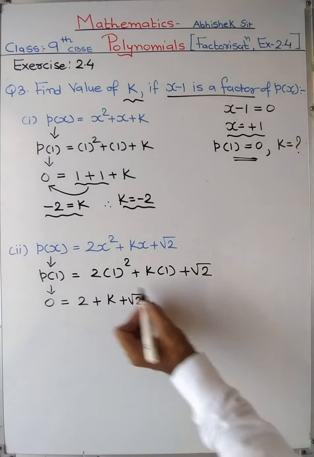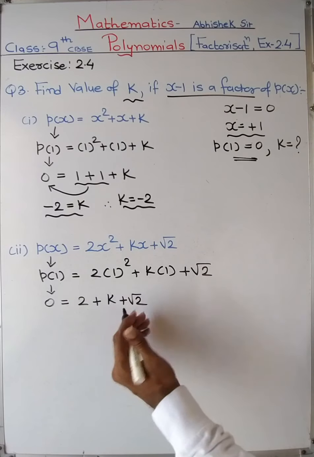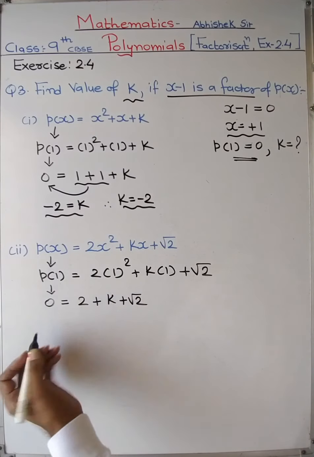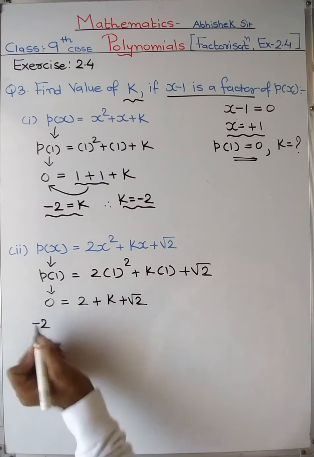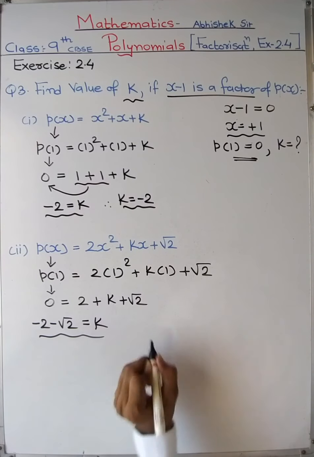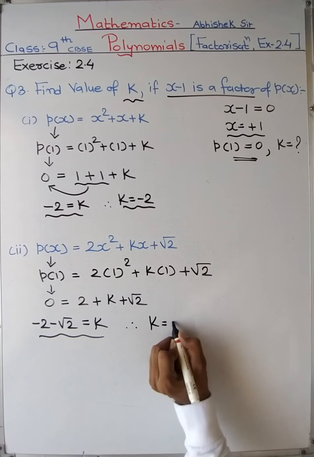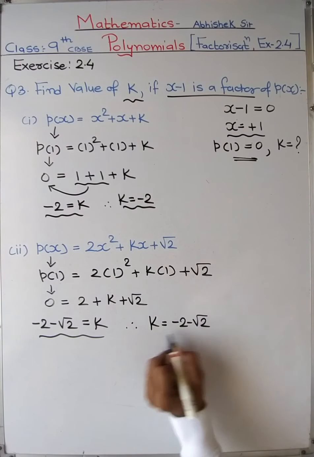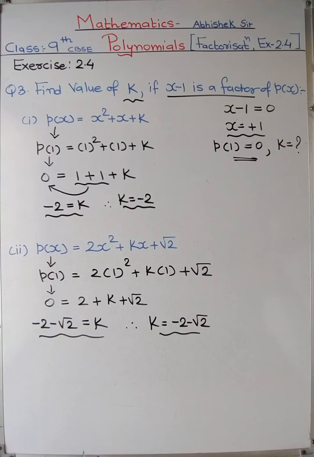So anything other than k will be taken on the other side. So plus 2 becomes minus 2 and plus root 2 becomes minus root 2 and that is nothing but the value of k. So value of k comes out to be minus 2 minus root 2. Clear?